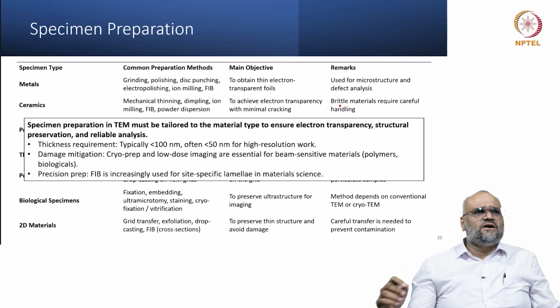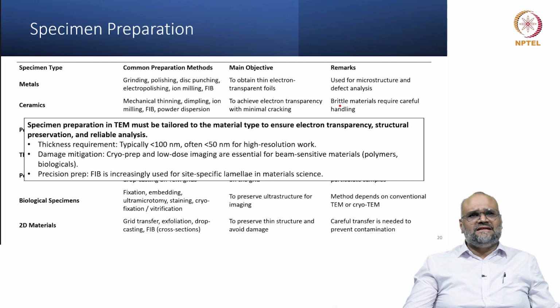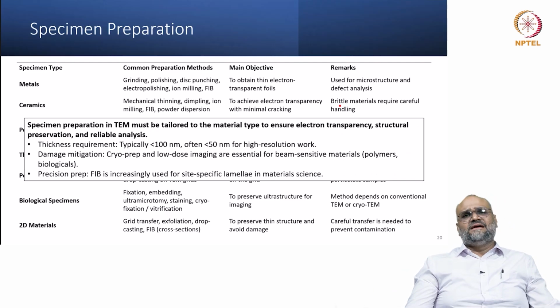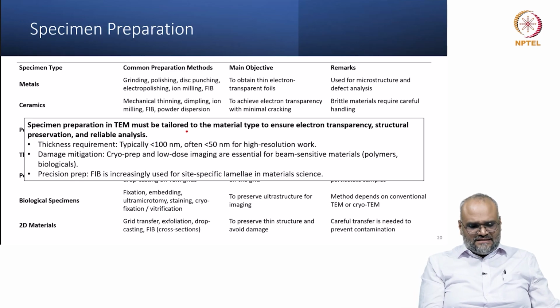So the most important objective of specimen preparation in TEM is to ensure electron transparency and also preserve the structure for reliable analysis. In fact, it should be: tailor the methodology used to prepare the specimen to ensure electron transparency. The thickness requirement is typically less than 100 nanometers and often less than 50 nanometers for high resolution work.